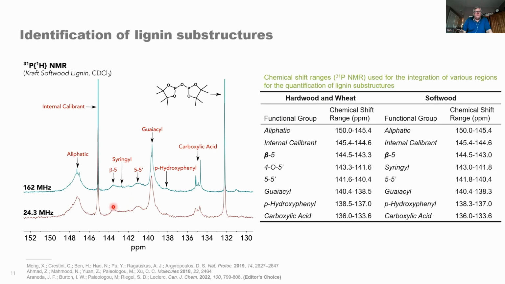What we have here is the Kraft softwood lignin, same sample at 1.4 Tesla and 11.7 Tesla, so 60 megahertz and 500 megahertz, and the same features are all there. The signal to noise is comparable, but this was run at 8 times the number of scans at low field as it was at high field, and we get a difference of about a factor of 3 in signal to noise, which lines up with what you would expect with that field difference.